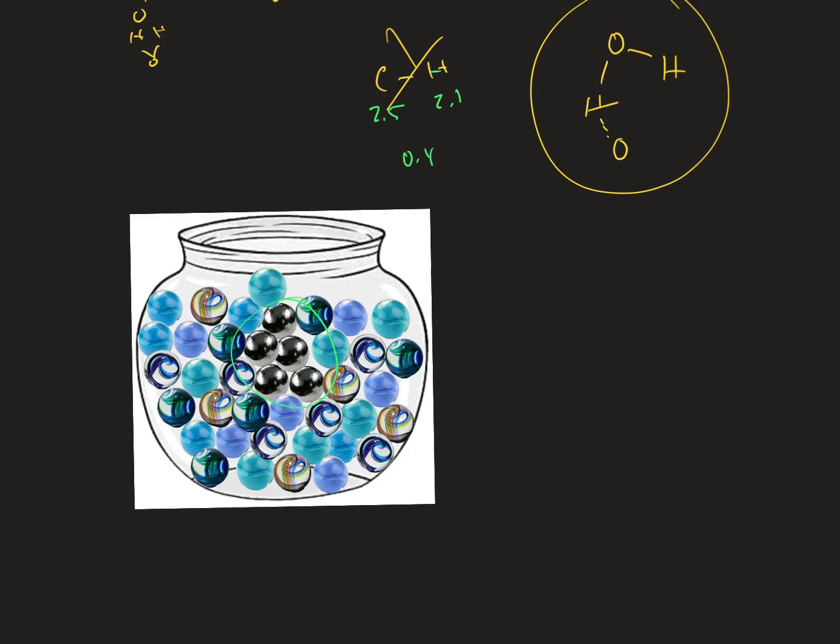It won't need to be just around the other marbles, it just wants to be attracted to that one. So that's kind of what happens in ionic compounds that are insoluble in water. They want to stay attracted to each other, kind of like those magnets, rather than break apart and interact with the marbles. Does that make sense? Any questions on that idea?